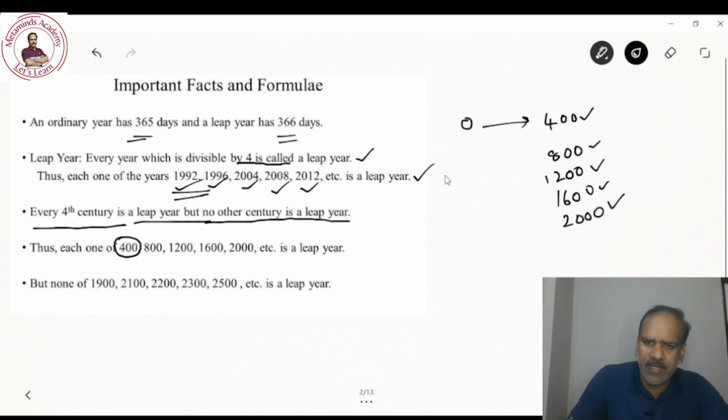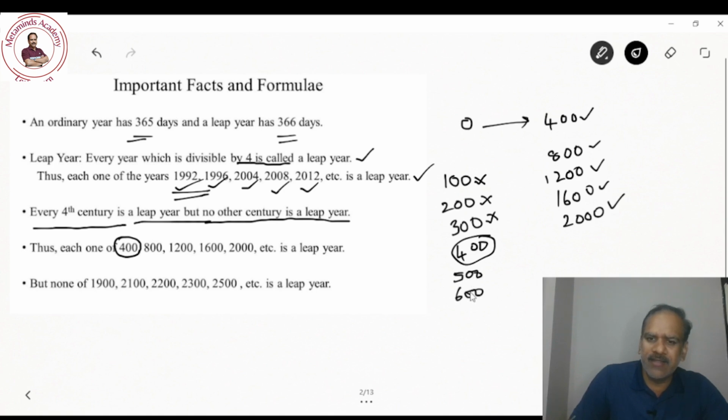But if you take the 100th year from 0, the 100th year, the 200th year, this is a century. This is a double century, triple century, like that, right? So 400 is a leap year, but the 100th year is not a leap year, nor the 200th year or the 300th year. They are all not leap years. You have to remember this. This is a very important concept. Again, the 500th year, 600, 700 are not leap years.